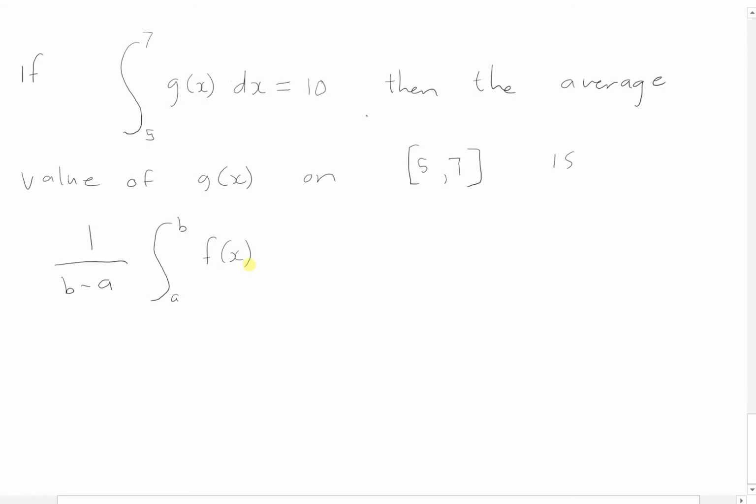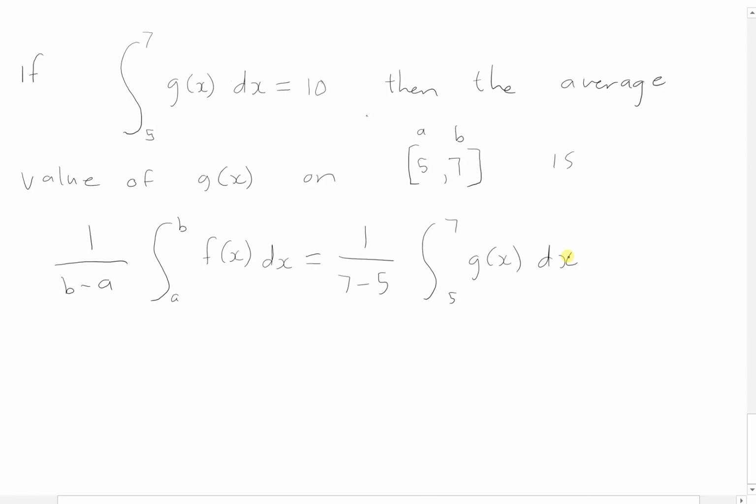This time it will be g of x, but I'm trying to keep it consistent. We know our a and our b, so we just replace them: 1 over 7 minus 5 times the integral from 5 to 7 of g of x dx.